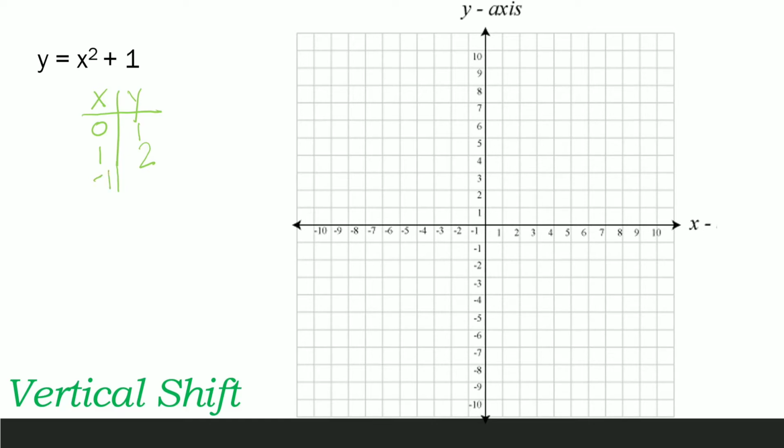So, when we assign negative 1 sa x, pati yung negative sign, ma-square yon. So, negative 1 squared is positive 1. Positive 1 plus 1, so y is equal to 2. So, yung mga ordered pairs natin dito is (0, 1), (1, 2), tsaka (negative 1, 2).